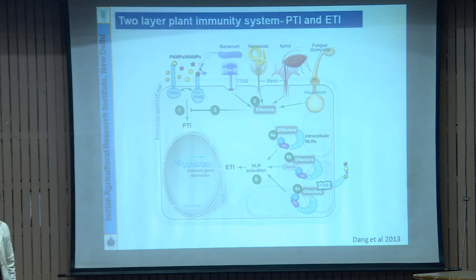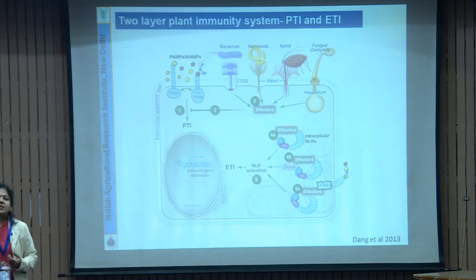Even if somehow the pathogen is able to invade or break this first layer of immunity at the cell wall, and is able to form a haustoria or secrete some proteins known as effector proteins into the plant, then the second layer of immunity, that is ETI, starts working. In ETI, the plant has certain genes known as R genes or resistance genes.